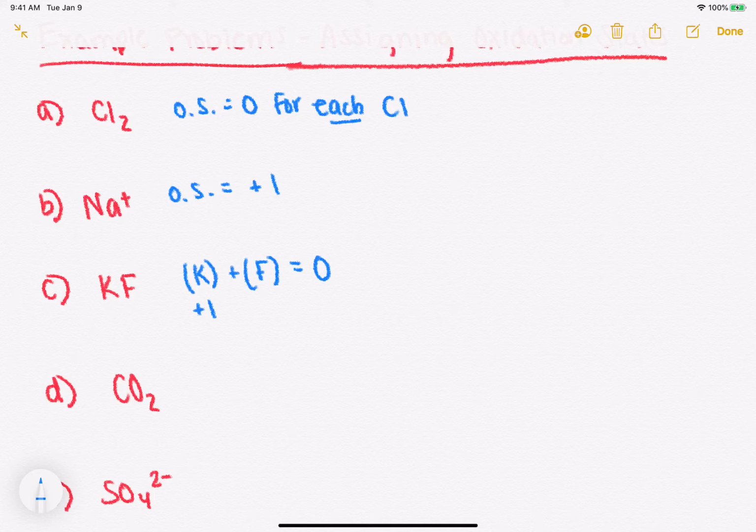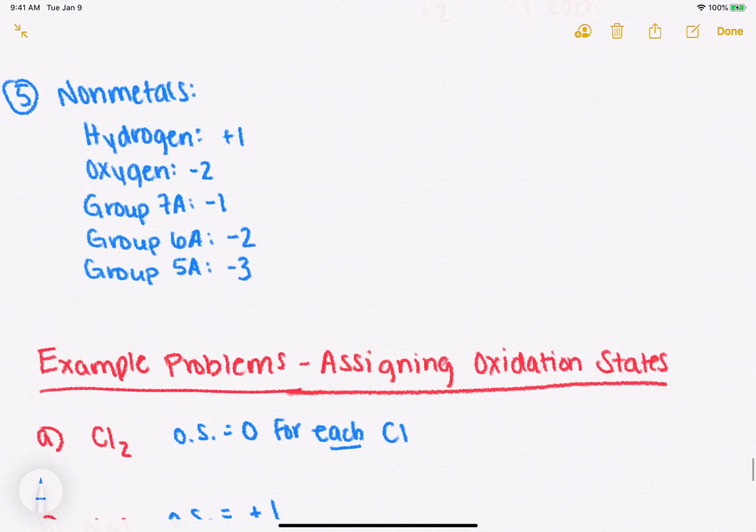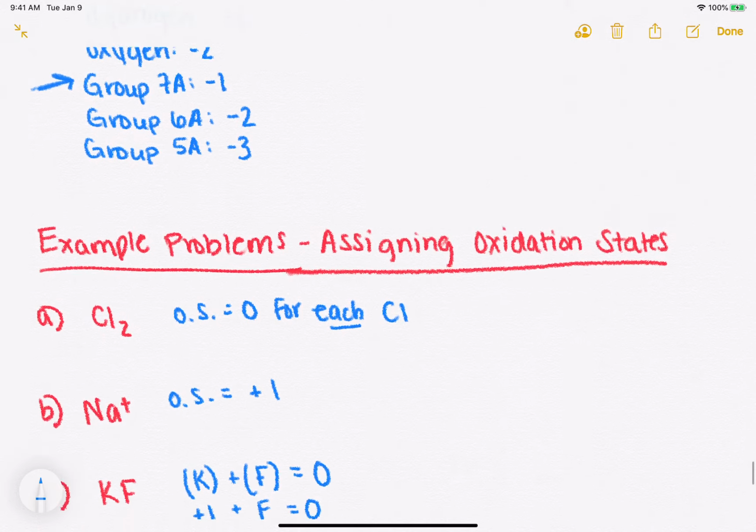And since we know that these have to equal 0, we know that the oxidation state of F has to equal -1. And that is also consistent with these rules over here, the group 7A. Fluorine is a 7A atom, and that has an oxidation state of -1.